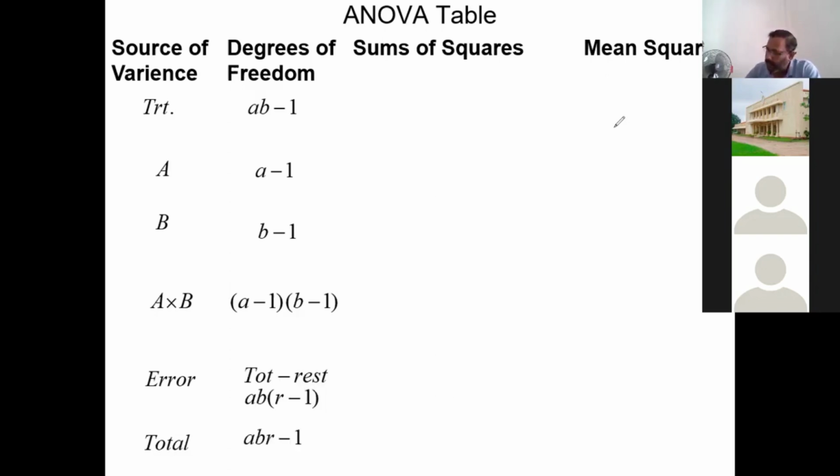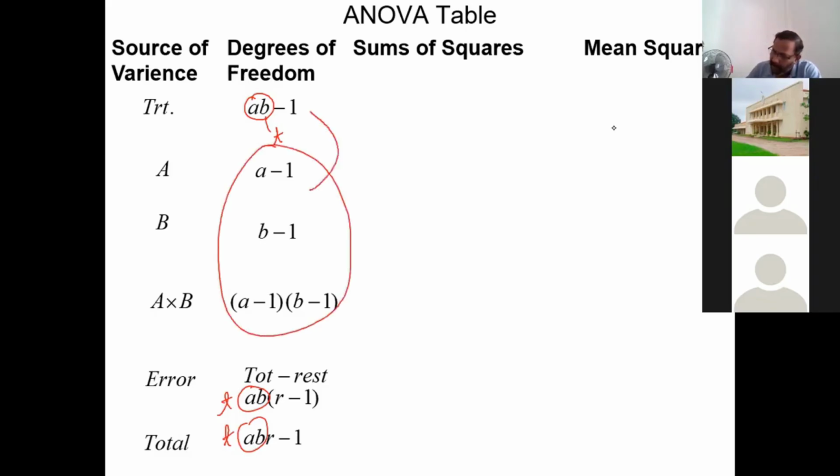So it is the same as CRD. Look at it, in CRD, all are the same. If you add all these degrees of freedom, it should be equal to this total. Mathematically, as homework, you can try A minus 1 plus B minus 1 plus A minus 1 into B minus 1.